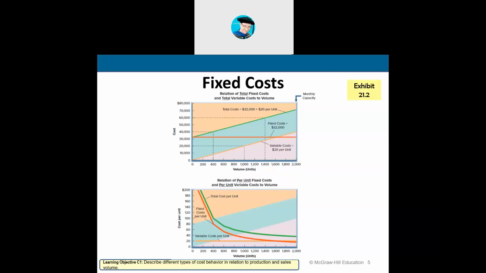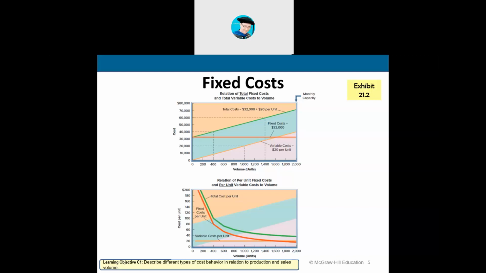Eventually, they level out. Our variable cost per unit actually stays the same because it's per unit. My direct labor, direct material, factory overhead for each individual unit is the same. In this example, $20 per unit.